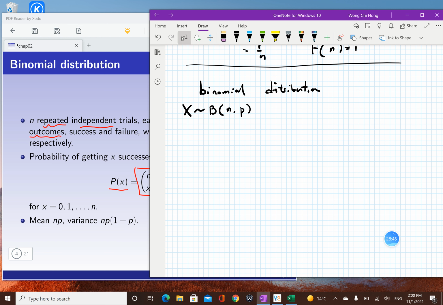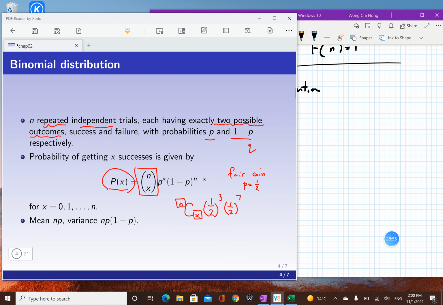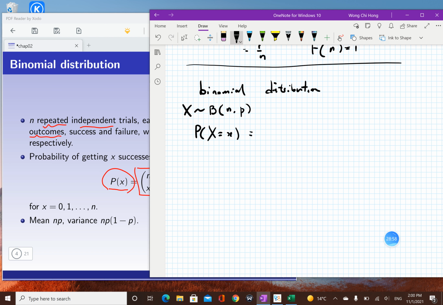And this function here, the probability of X equals x, the probability mass function that I had, in my PowerPoint I'm calling this p, but sometimes some textbooks prefer to write B for binomial. So it's a function of x, but it contains the parameters n and p.